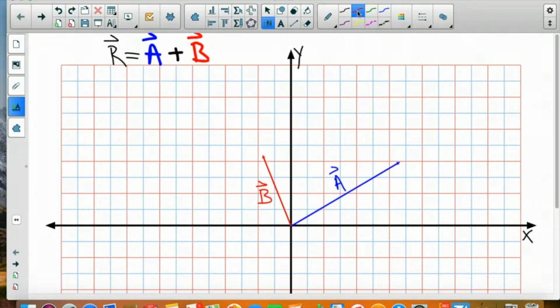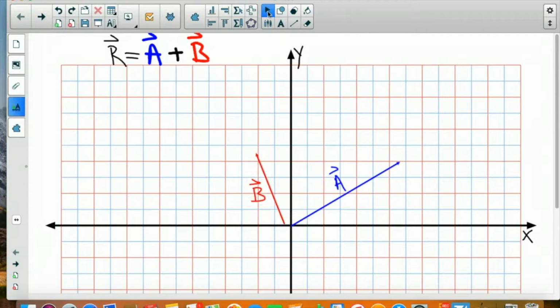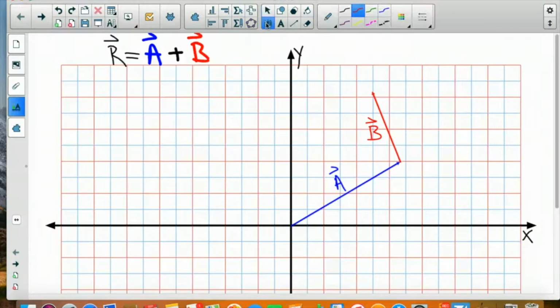So one way we can do that is graphically. What I can do, because I can slide my vectors anywhere I like, I can take B, and I can slide its feather end, not its arrowhead end, up to there. So I take the tail of B, and I put it at the tip of A.